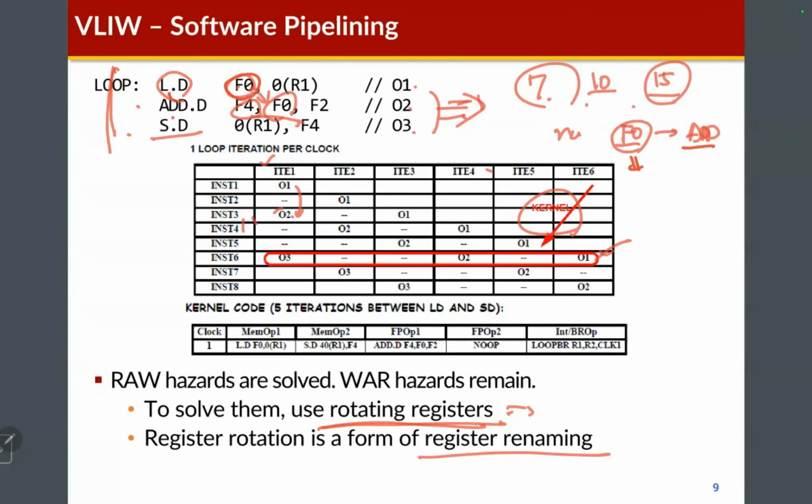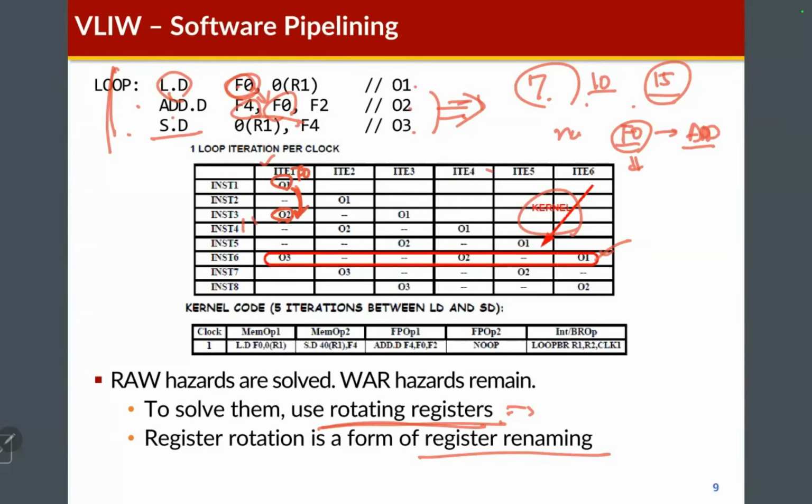After that, it is not used anymore, right? So the lifetime of this F0 is from O1 to O2, which means that the value of this register should be maintained until O2. Then we can assign a new value to F0. Understand?